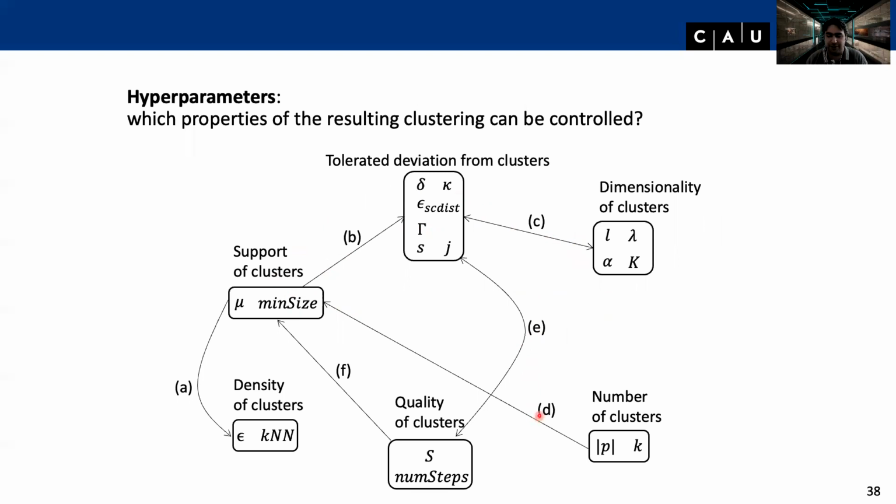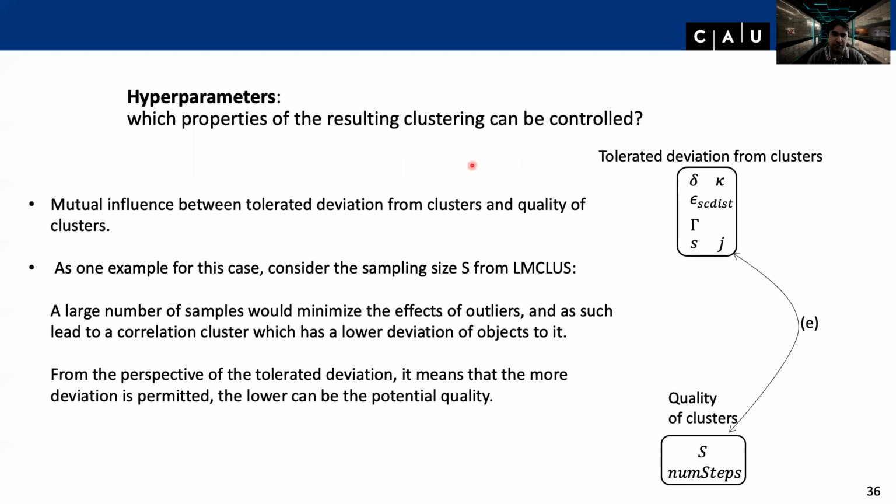Also here, you may now think, I really have to learn all this stuff. No, because one cannot keep in mind all of these single parameters. What you should take here as a take-home message: they can be relations regarding support of clusters, density of clusters, quality, number of clusters, dimensionality, and tolerated deviation. So these 6 aspects you should have in mind, not all the single letters.